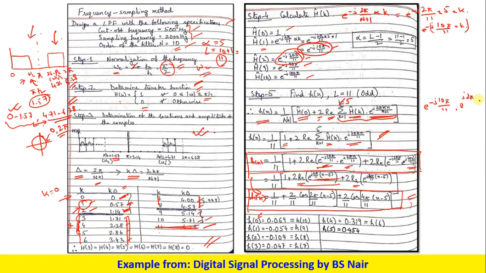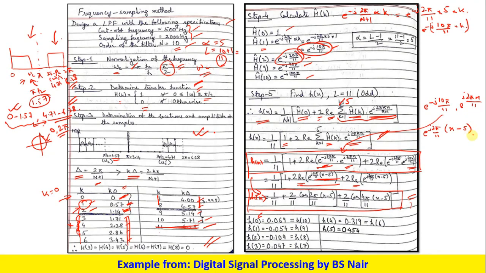So you have pi n divided by 11. Now I have taken this negative inside. So if you are taking the negative inside and you are taking j 2 pi by 11, you are taking this 2 common, so you get n minus 2 into 5.